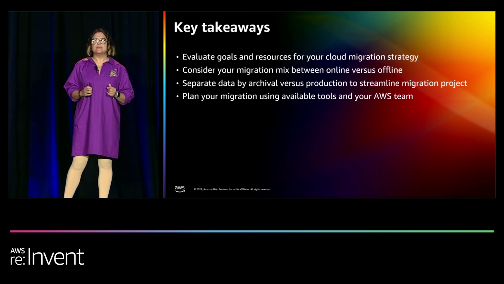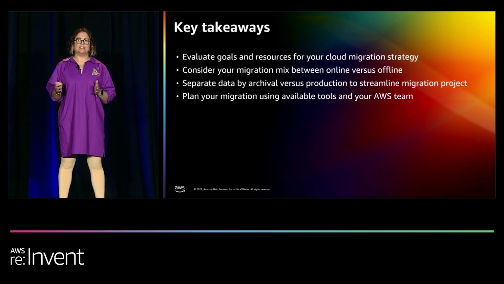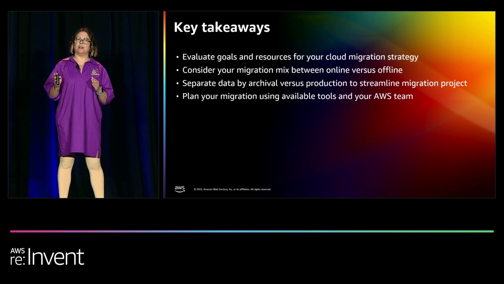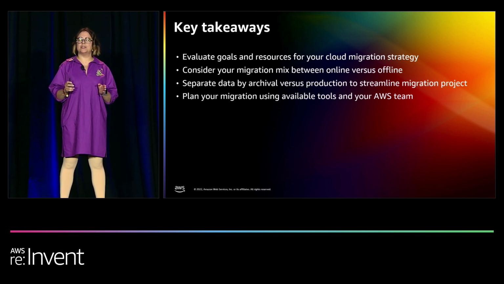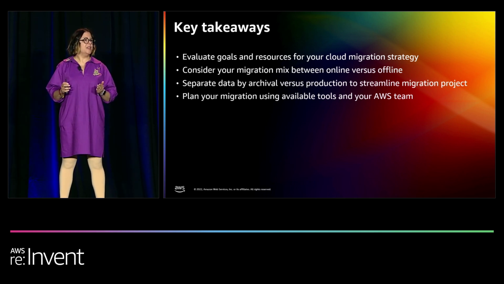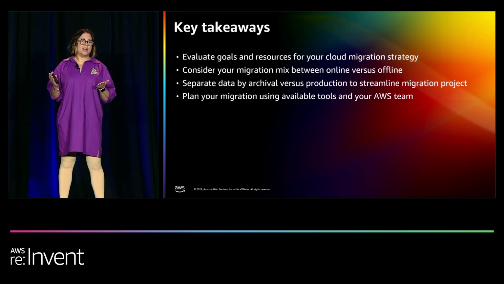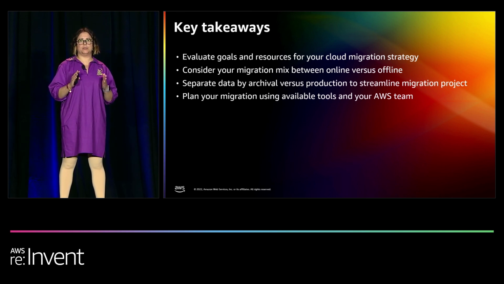And to choose the right migration strategy, you need to make a separation between archive and production data because the goals and the constraints are not the same. So to move your archive data, you can do it offline. You might not have a tight timeline to do it.